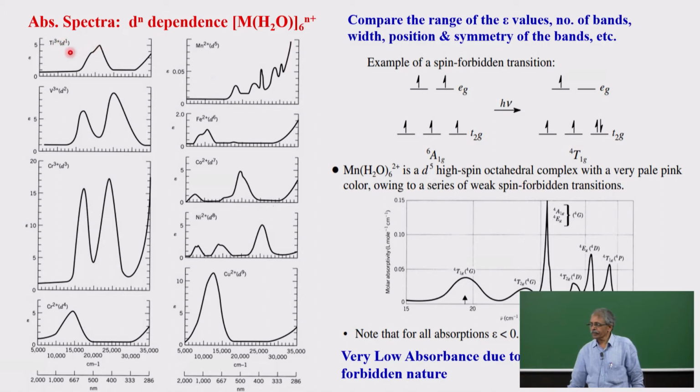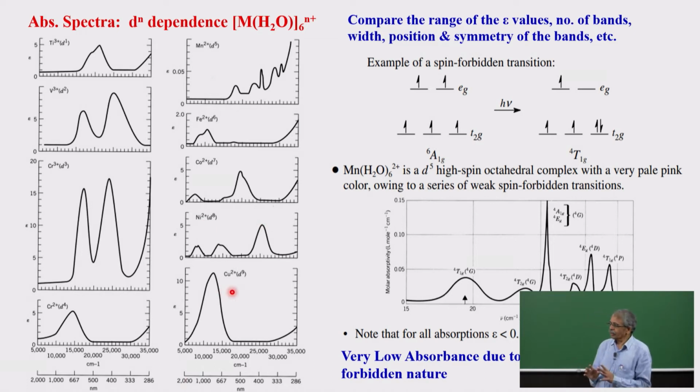So here is a D1, which is titanium 3 plus, a D2 which is vanadium 3 plus, D3 which is chromium 3 plus, D4 which is chromium 2 plus, D5 which is manganese 2 plus, D6 which is iron 2 plus, D7 which is cobalt 2 plus, D8 which is nickel 2 plus, and D9 which is copper 2 plus.